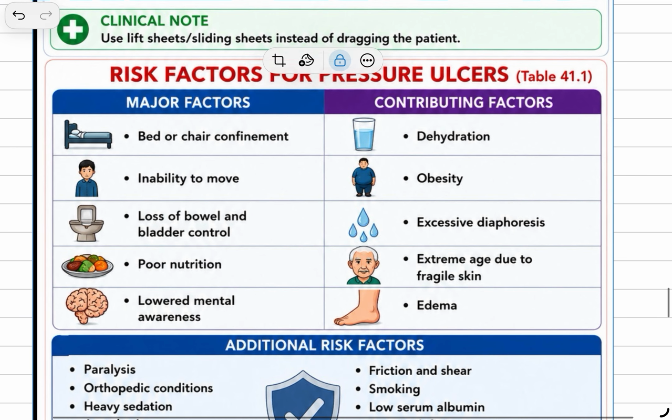Yeah. So, loss of bowel control, poor nutrition, lowered mental awareness if they don't know when they have taken the water. So, 2 to 2.5 liters per day a healthy person should take water.